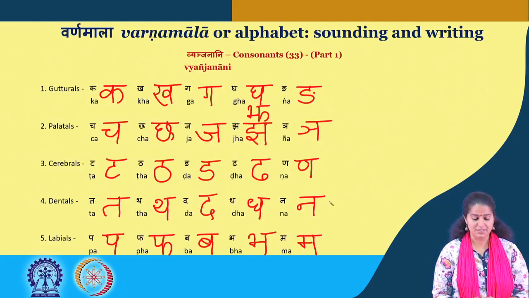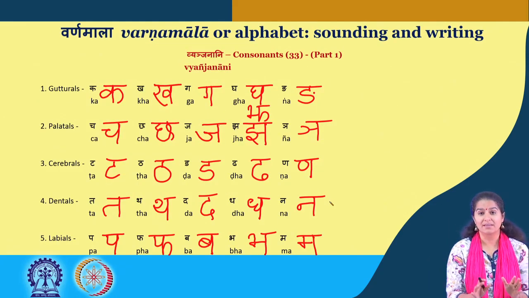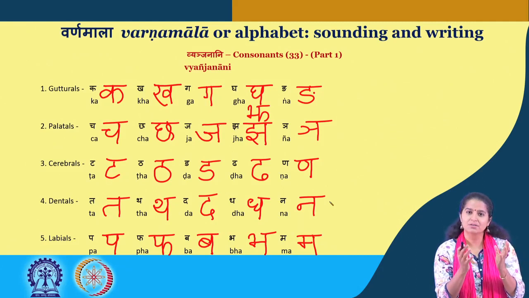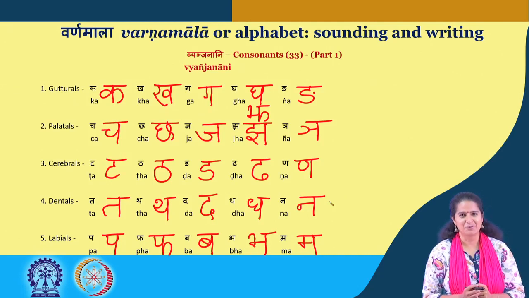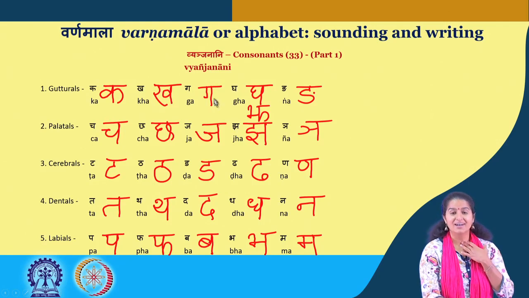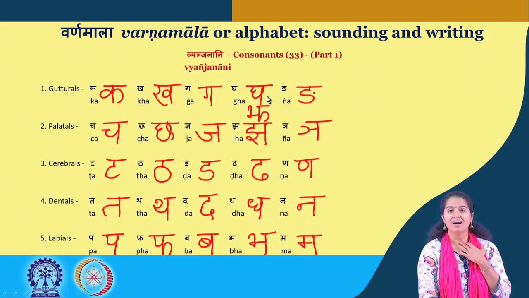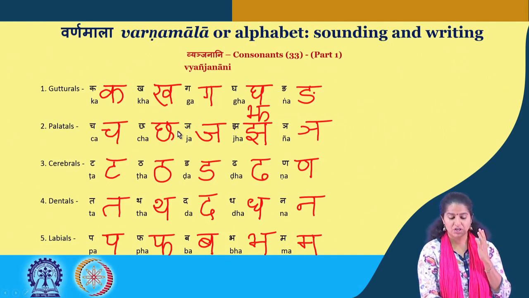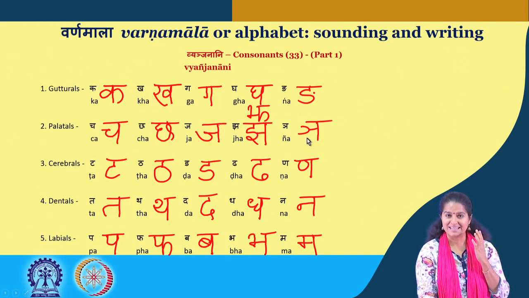Moving on to the consonants, so this is the area that we are going to be focusing on today. So, please pay attention to the forms of the letters so that you can play around with them more freely. Astu. So, K, Kh, G, Gh, Ng, gutturals. Next, palatals. Ch, Chh, J, Jh, Nya.